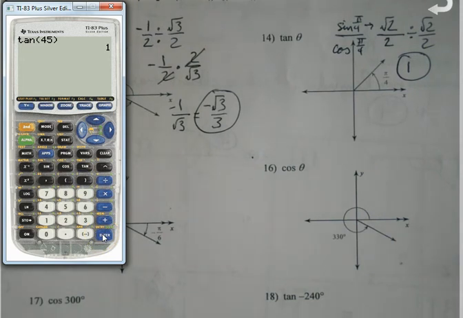Yes, but I'll warn you. There's going to be a minimum of 1 quiz before we get to the test, and possibly 2, where calculators aren't going to be allowed. Because that's how much we're really trying to stress understanding your unit circle and how to use it. So this is a nice backup for right now.